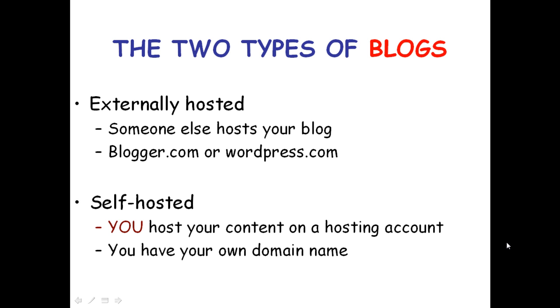And then we have self-hosted blogs, and this is where you actually host your own content on your own hosting account. In other words, you put your blog on your server, and with a self-hosted blog you have your own domain name. And if you're serious about building an online presence, I highly recommend you stay away from the externally hosted blogs, and there's a number of reasons why.